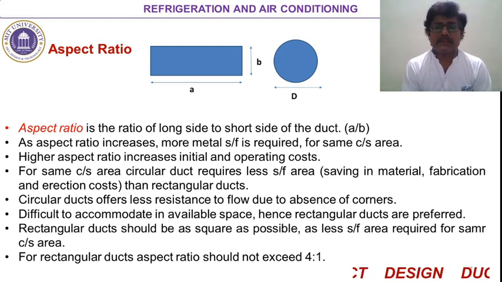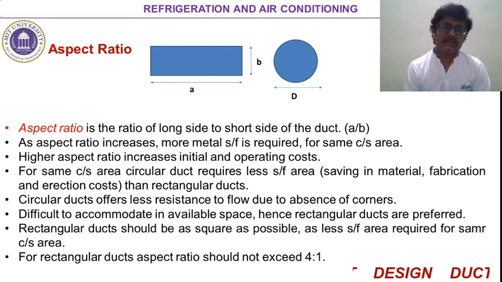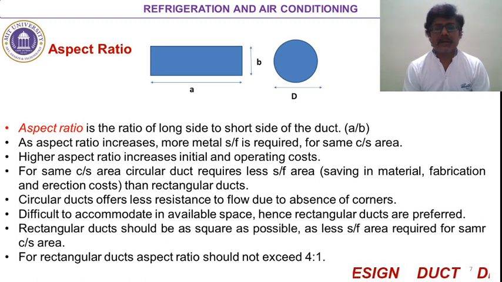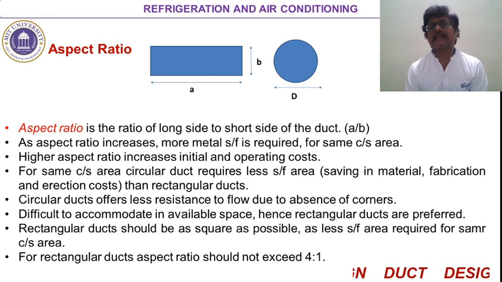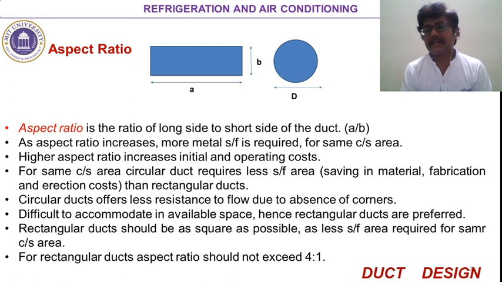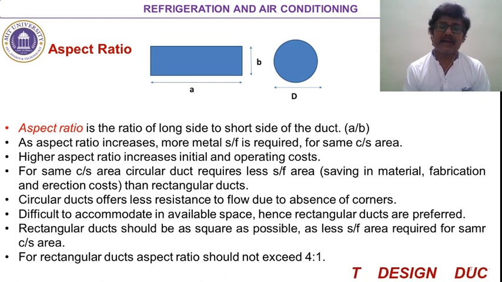The aspect ratio definitely affects the size of the duct. The higher the aspect ratio, the more metal surface area is required for the same cross sectional area. Even though the cross sectional area remains unchanged, if there is an increase in the aspect ratio, the surface area required for the duct would be higher, which is not desirable.